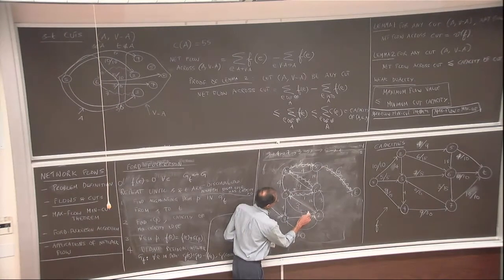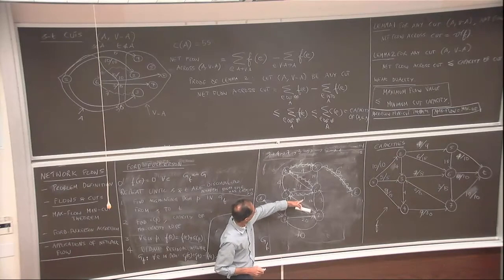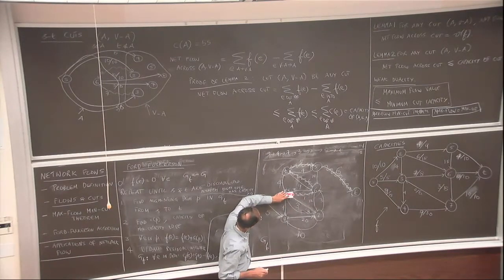And 2 becomes 3. 3 to 6, we have filled up the 1 unit, so its capacity goes down to 0. So I can eliminate it.